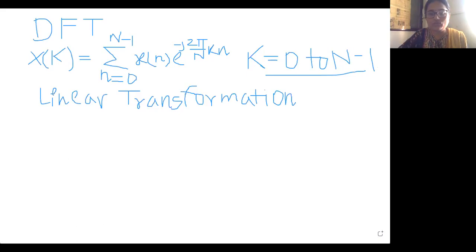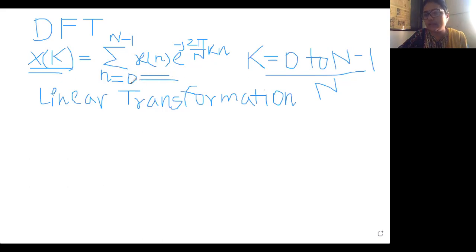Here N number of samples, and those N samples are nothing but DFT samples. Similarly, as summation n varies from 0 to N minus 1, here also there are N number of samples.